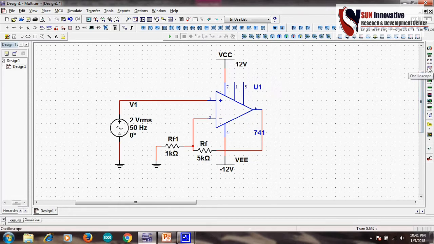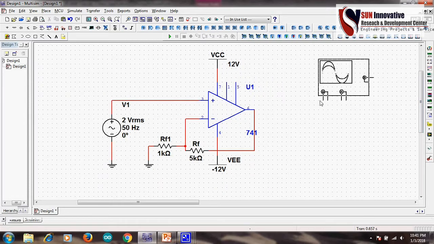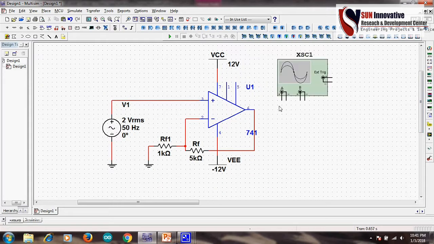Now take the oscilloscope from the right hand side; you can find the signal oscilloscope here and connect A as the output and B as the input signal so that you can compare both. You must remember A is output and B is input.